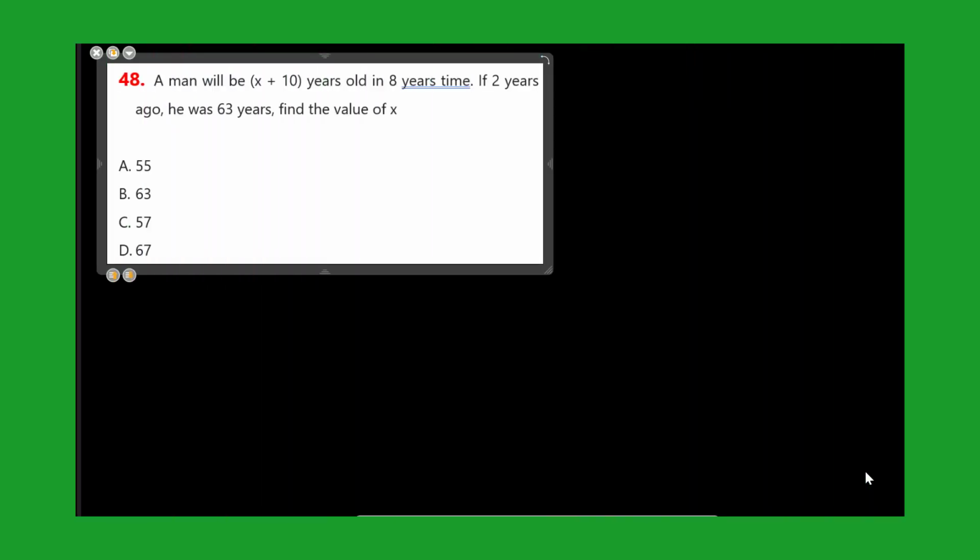A man will be X plus 10 years old in 8 years' time. If 2 years ago he was 63 years, find the value of X. Okay, a man will be X plus 10 years old in 8 years' time.